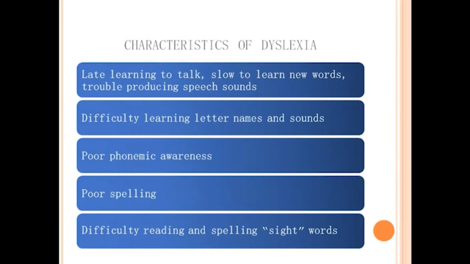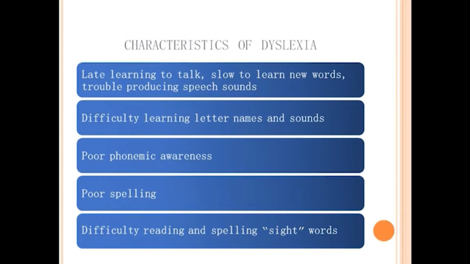A word like when, on the other hand, is an example of a word that is phonetically regular, but it has a component, such as the digraph WH, that the child may not yet have learned. So for all intents and purposes, if that child hasn't yet learned the digraph WH, the word when will be a sight word for him.